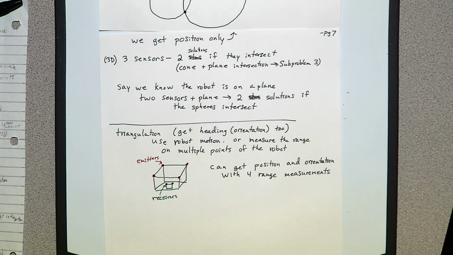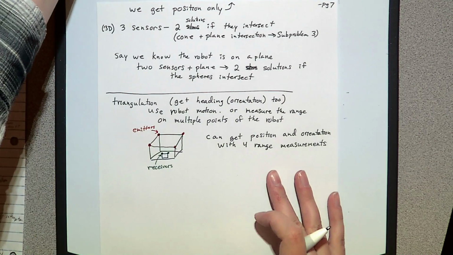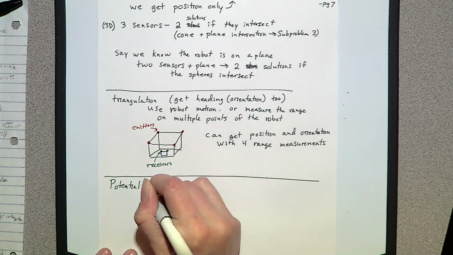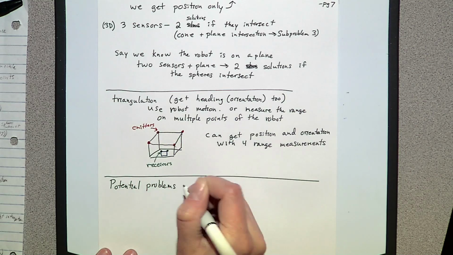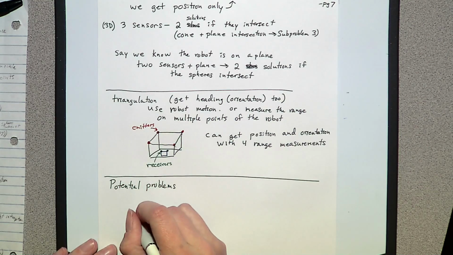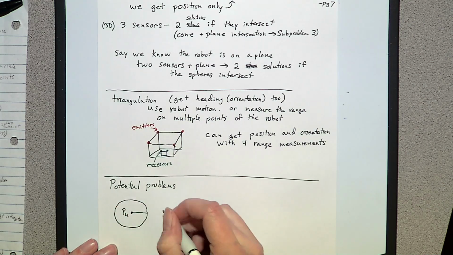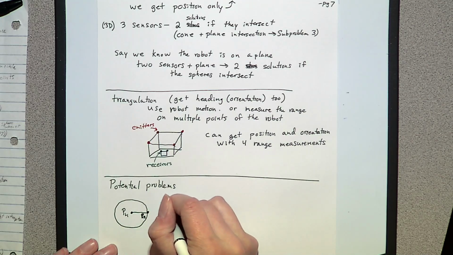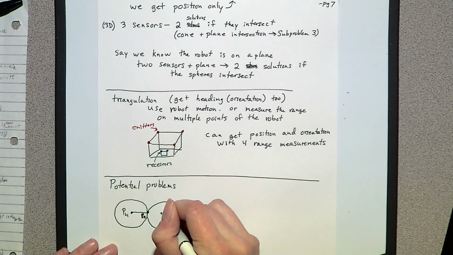Can you think of any potential problems you might run into with these types of methods? So let's say I have a landmark here, and let's say that my robot's here, and I have my other landmark here.